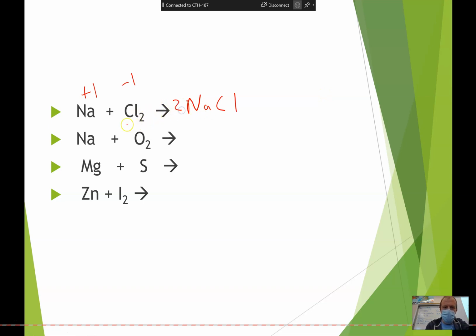So I put a 2 there to balance the Na, and then I put a 2 there. And so that's what that equation should look like. So it's all about that thoughtful step of how would these combine, and let's follow the rules that we know for writing equations that we learned last semester.